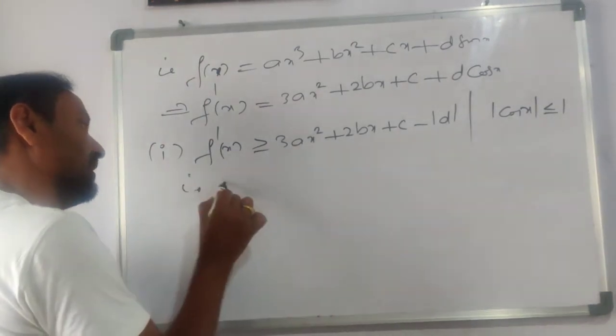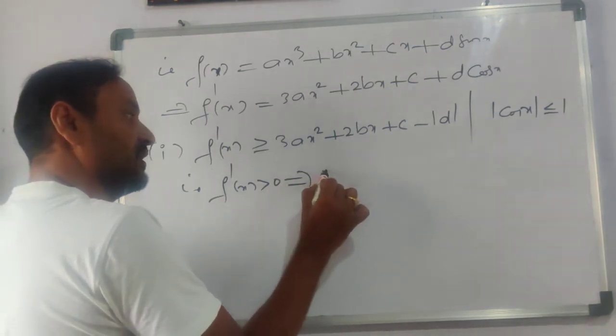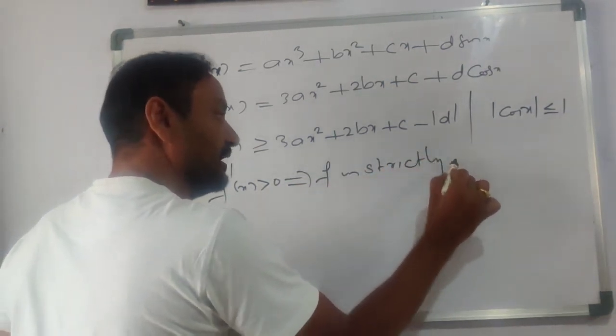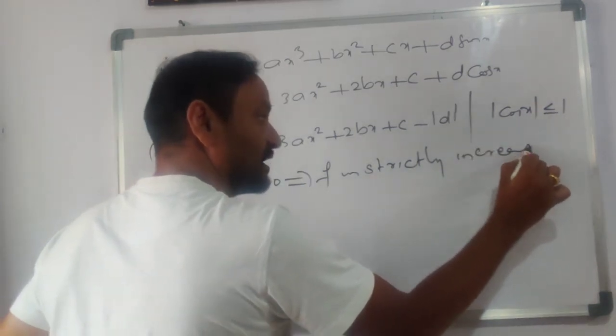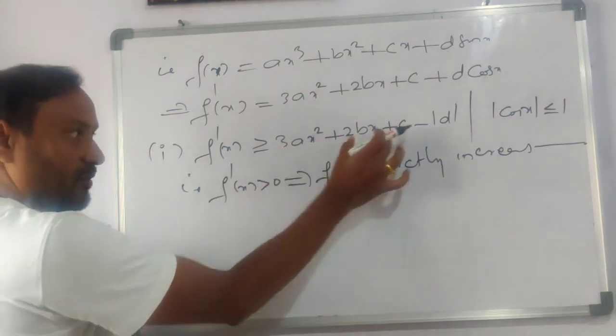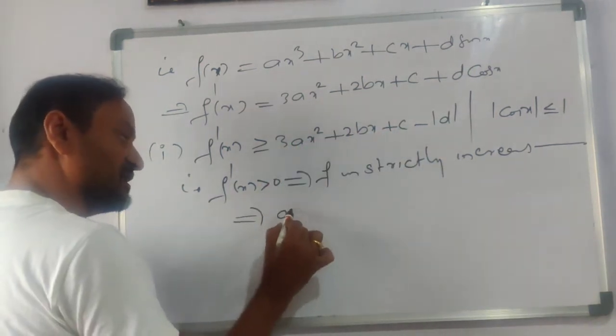That is, f dash x is greater than 0. That means f is a strictly increasing function. If f dash x is greater than 0 in the quadratic, the x square coefficient must be positive.